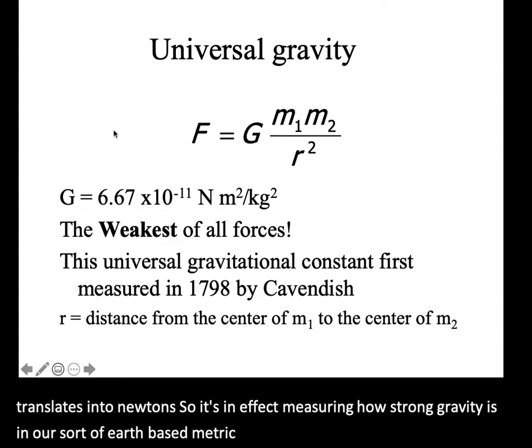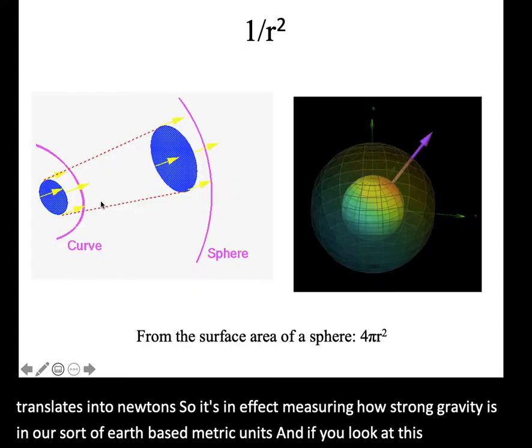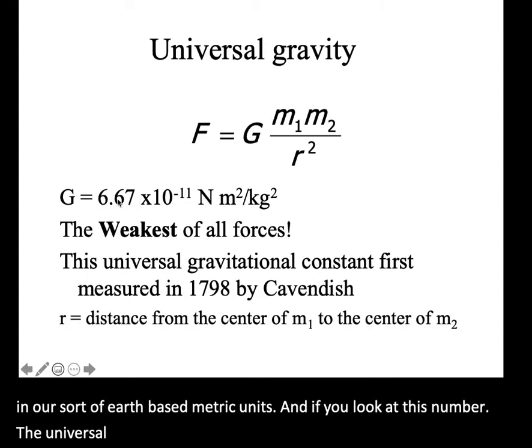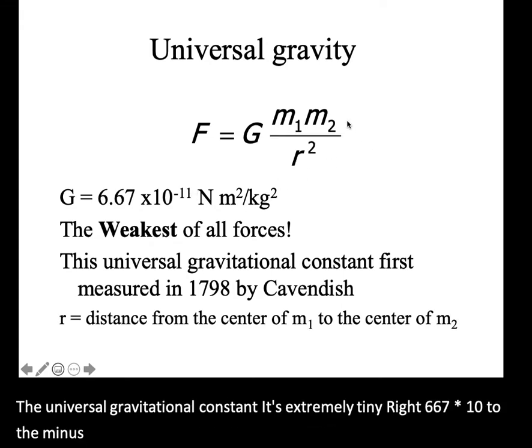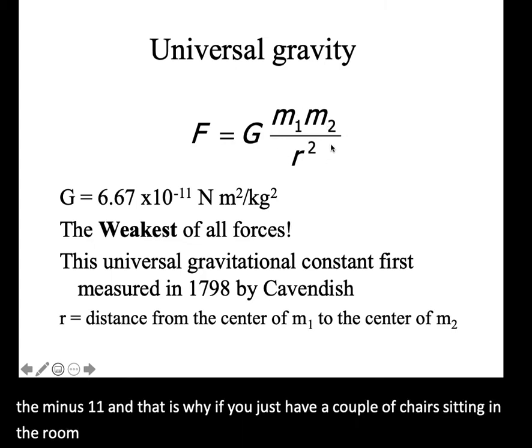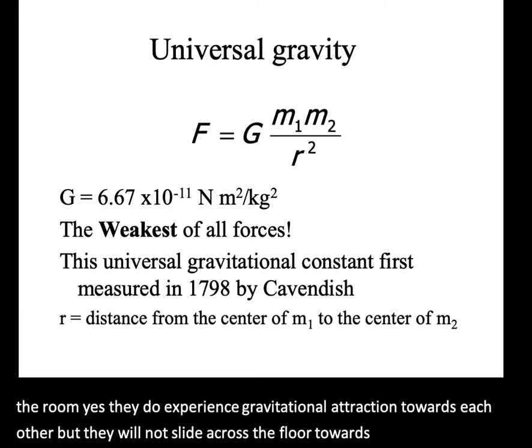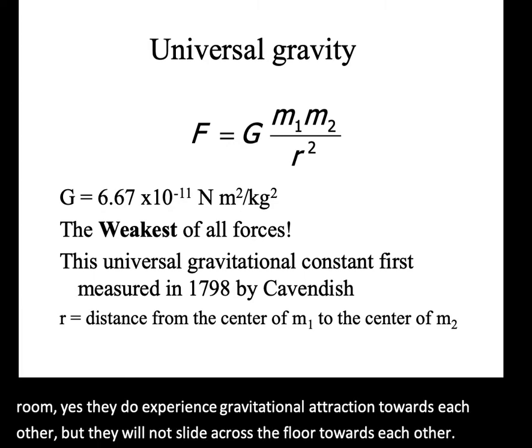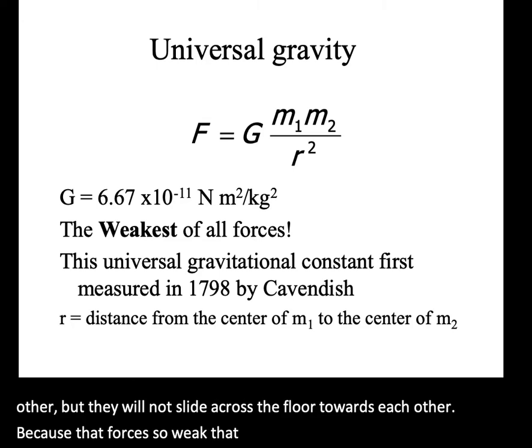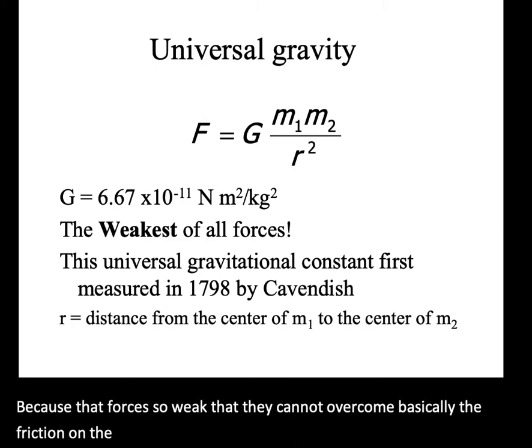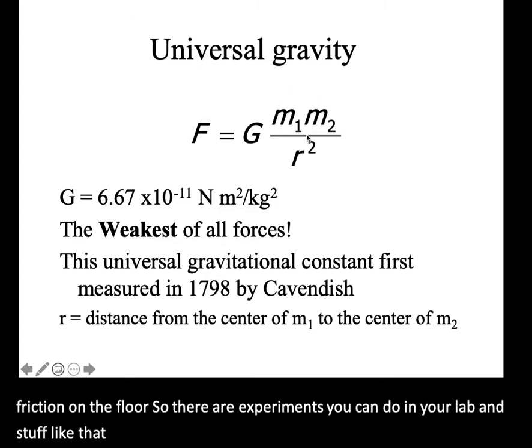So it's in effect measuring how strong gravity is in our Earth-based metric units, right? And if you look at this number, the universal gravitational constant, it's extremely tiny, right? 6.67 times 10 to the minus 11th. And that is why if you just have a couple chairs sitting in the room, yes, they do experience gravitational attraction towards each other, but they will not slide across the floor towards each other because that force is so weak that it cannot overcome basically the friction on the floor. So there are experiments you can do in your lab to measure this force, but you have to be pretty careful about it because this is such a weak force.